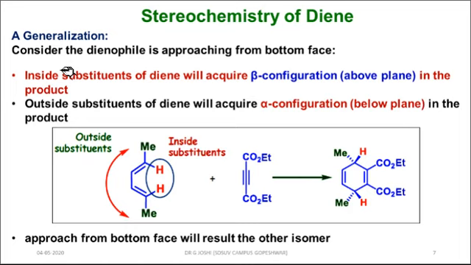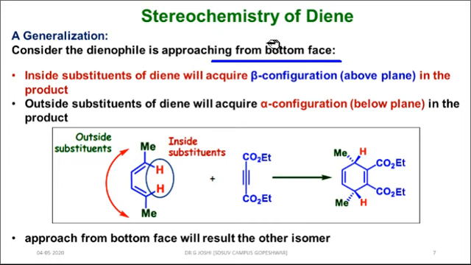According to the structure of the transition state, or the structure of diene, to understand the formation of the product, or to understand the approach of dienophile with respect to diene, either from the top face or bottom face, and consequently the effect of such approach on the product formation, we'll see the formation of the transition state in the Diels-Alder reaction as shown here, considering that the dienophile is approaching from the bottom face.